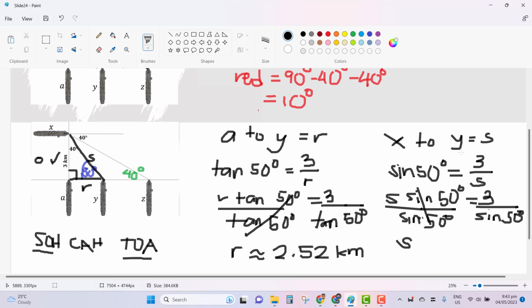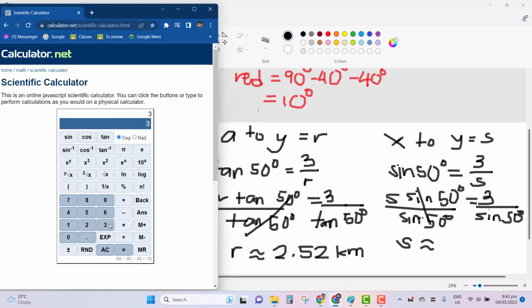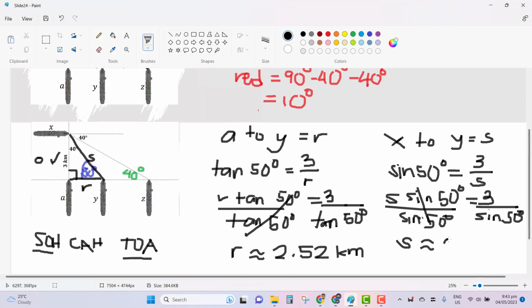So your S, which corresponds to your distance from X to Y, is approximately 3 divided by sine 50 degrees. That's approximately 3.92 kilometers. So we are done with this.